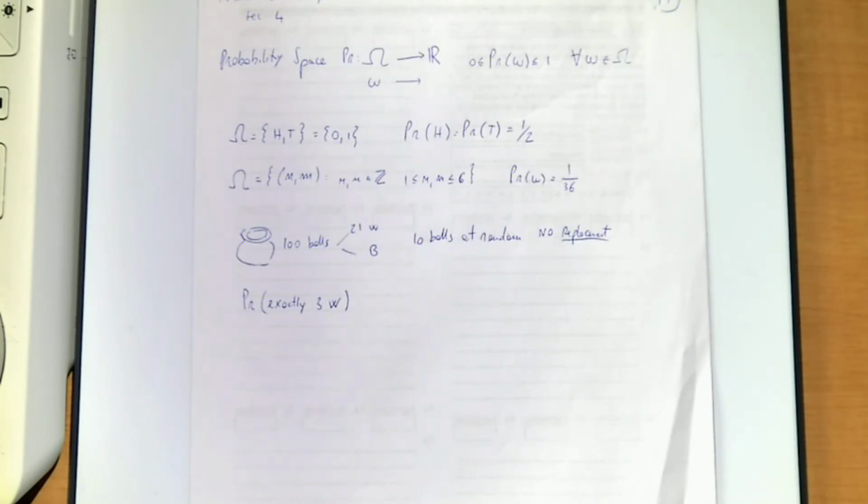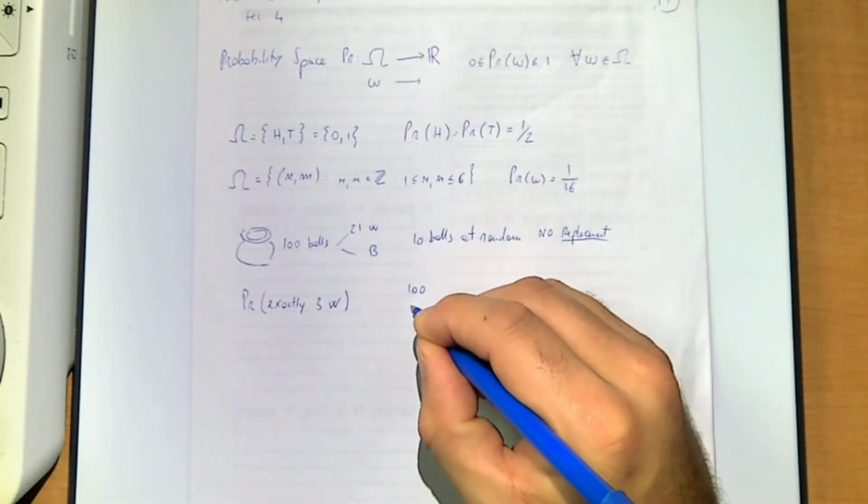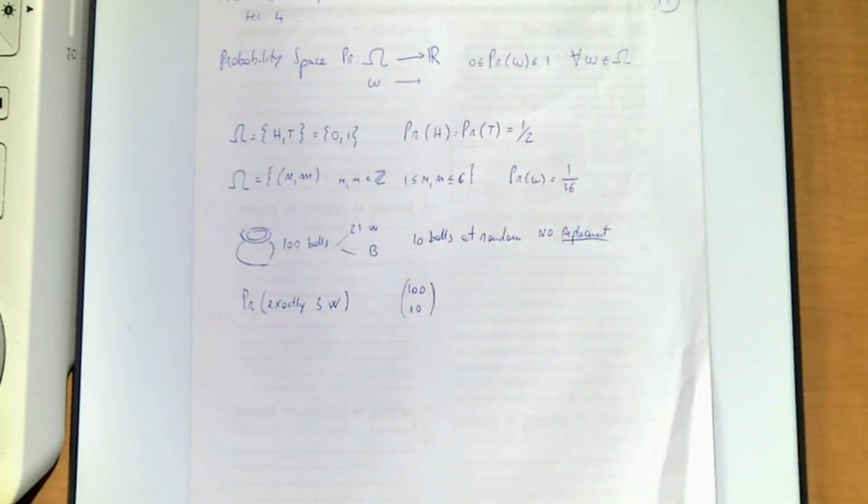For this, we have to start counting. And normally what we do is we have a total number of selecting balls. Right? We are picking up 10 balls out of 100. Now, according to your combinatorics, that is 100 choose 10. You've seen this binomial before, right? You've seen it in other stuff, for example, in counting polynomials and other things.